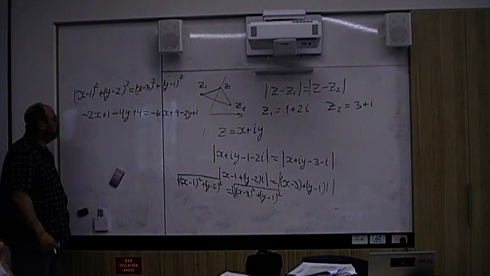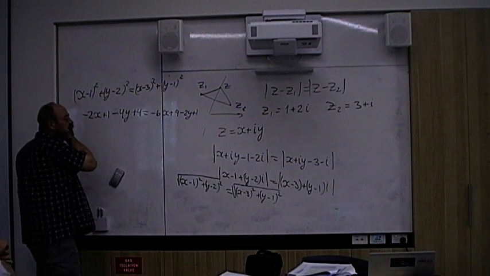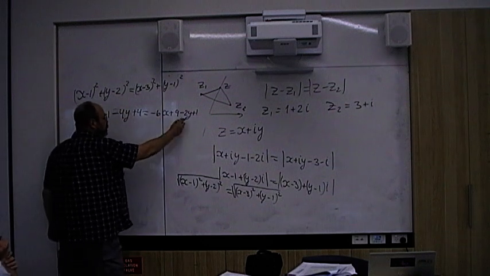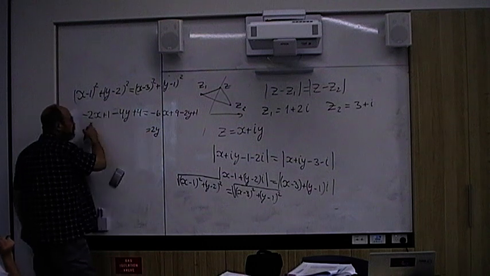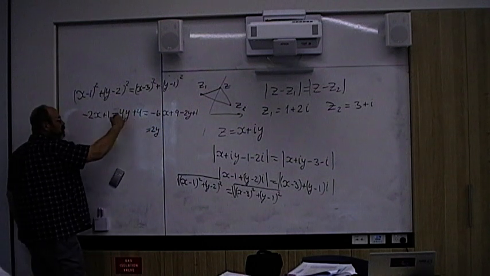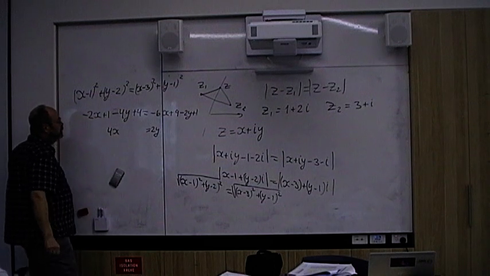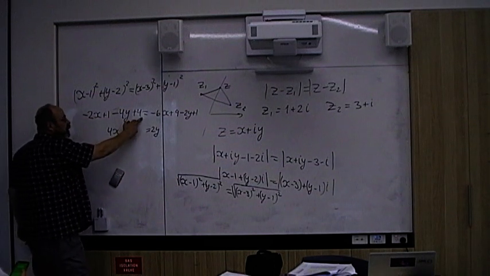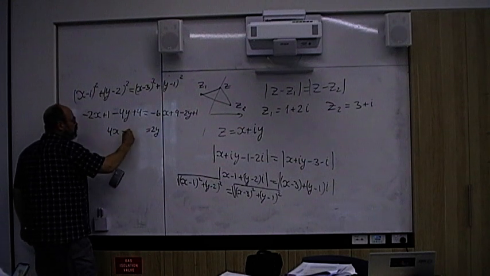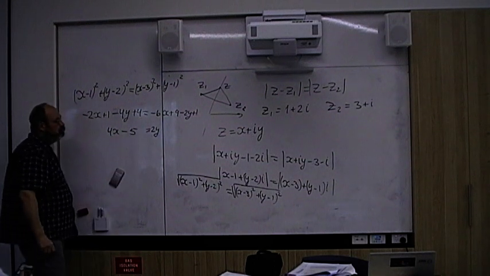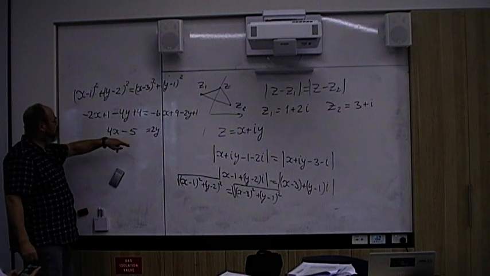Let's collect like terms and move everything with y on one side. So move 4y there, minus 2y, we have 2y on the right. On the left we have minus 2x plus 6x, we'll have 4x, and plus 5 minus 10, which is minus 5.